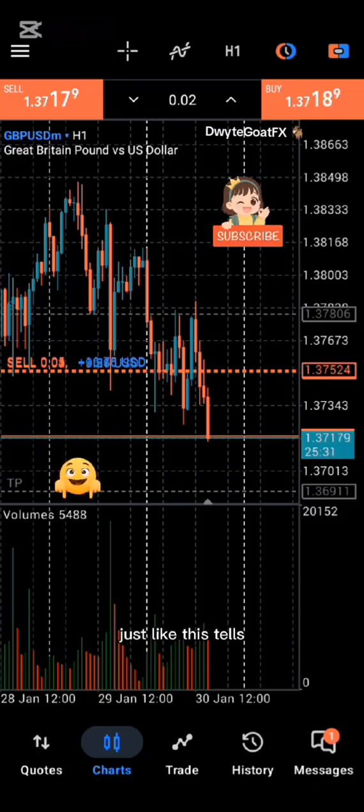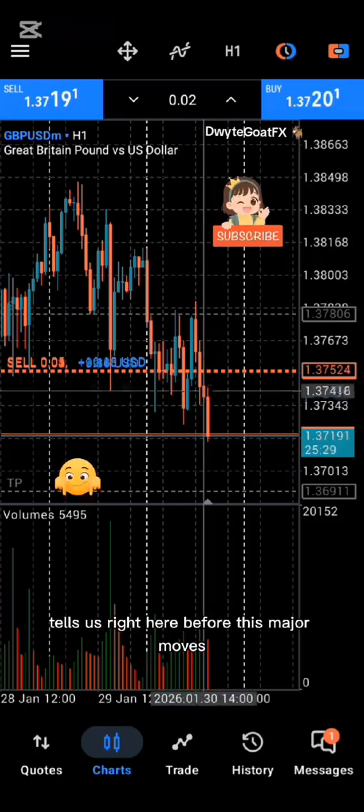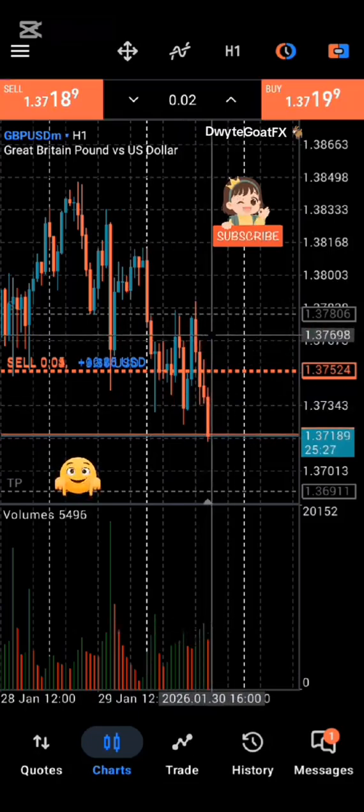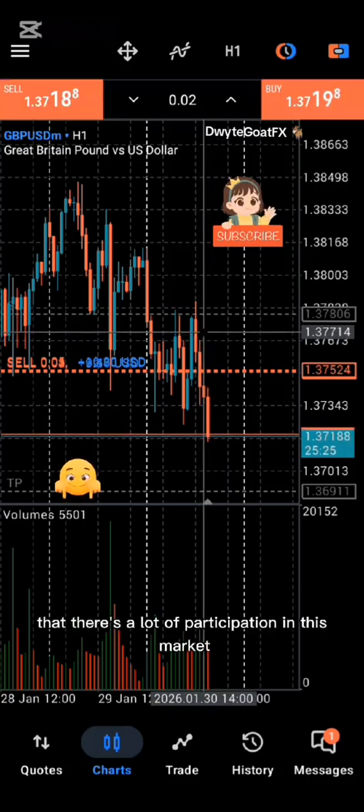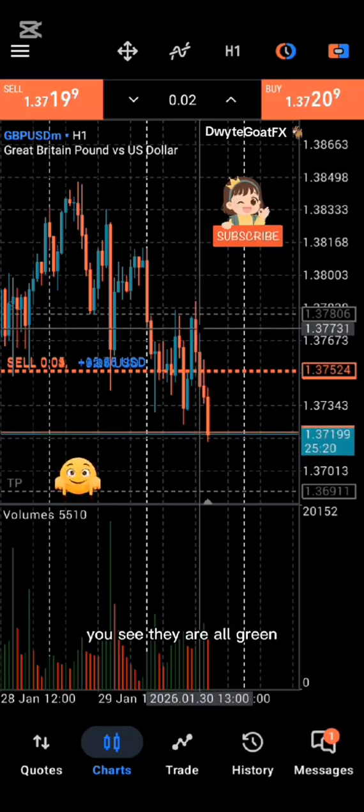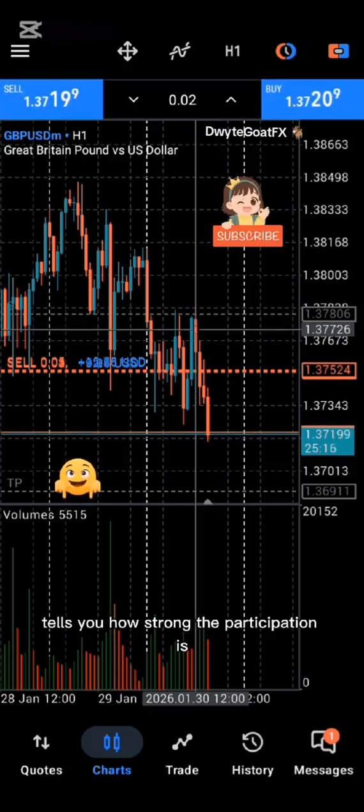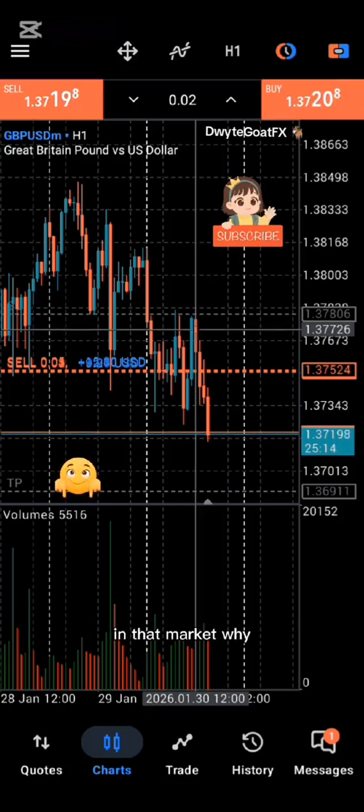Just like this tells us right here before these major moves. This tells us right here that there's a lot of participation in this market. You see, they are all green, three greens in a row, tells you how strong the participation is in that market.